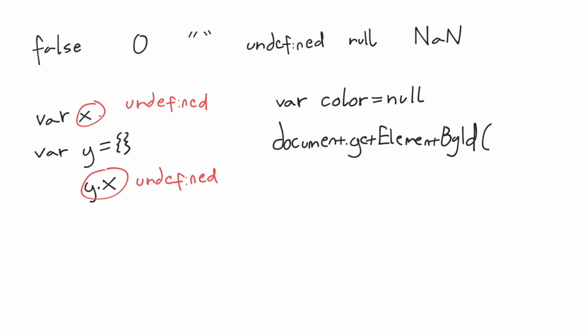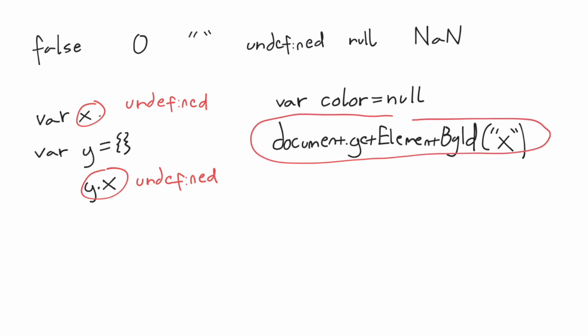So if you would look for any ID which doesn't actually exist, the value of this is going to return null. We normally don't return undefined from a function. It doesn't really make a lot of sense. So using null is a good way to return a value from a function when you want to say there's no result. And that's the difference between undefined and null.